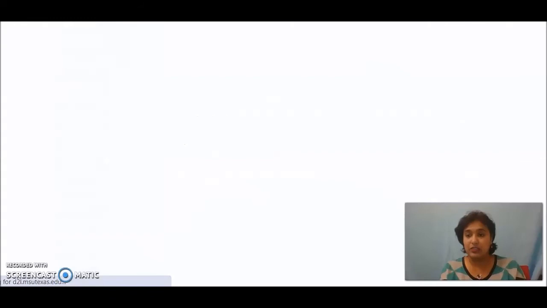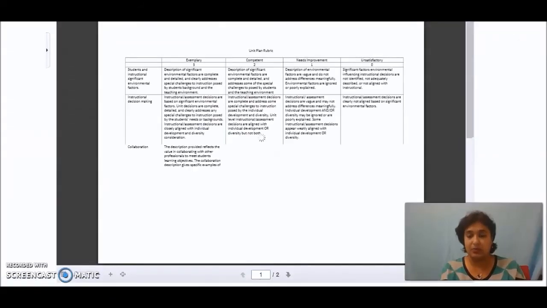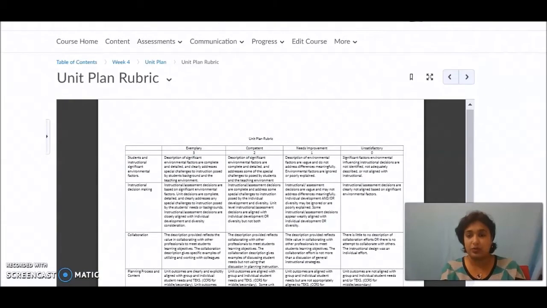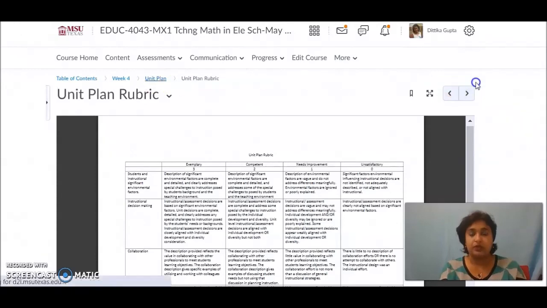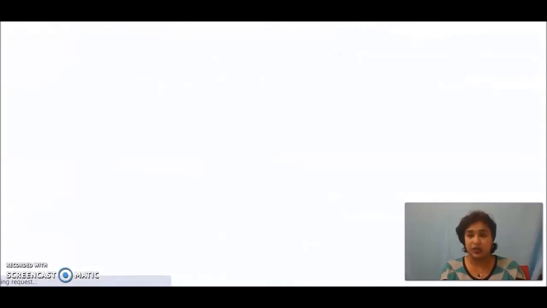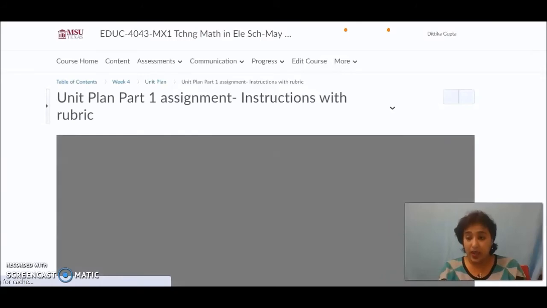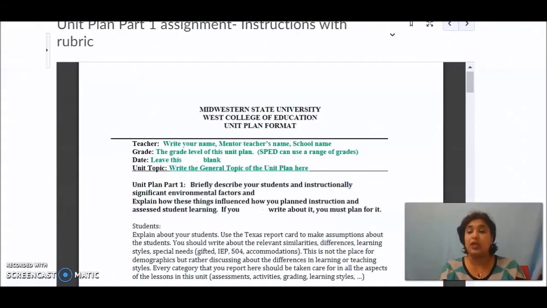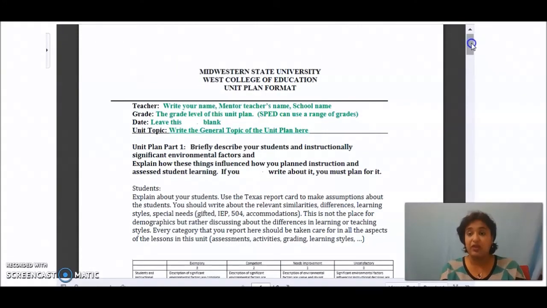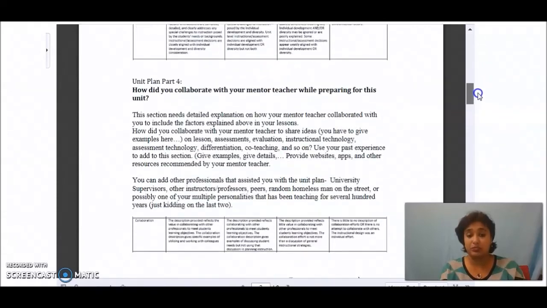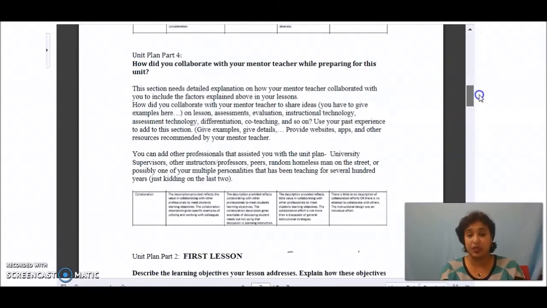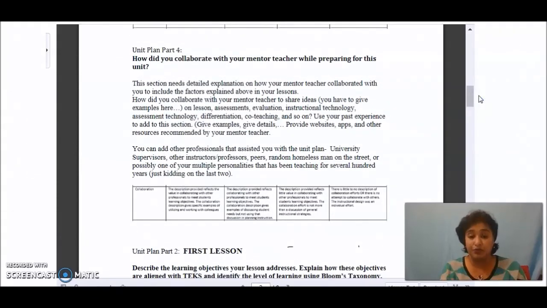So the last one that you have is about collaborating with your mentor teacher. Now, once again, I completely understand that you have not had a chance to collaborate with your mentor teacher. However, you have had a chance to collaborate with me. You have had a chance to collaborate with Dr. Hinchman. You have had a chance to collaborate with other professionals.